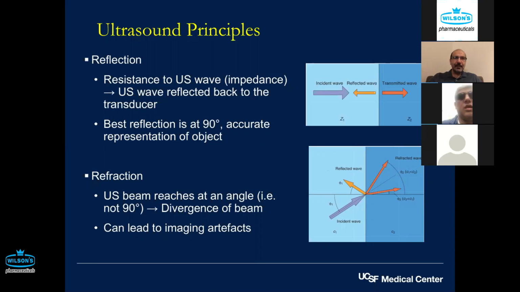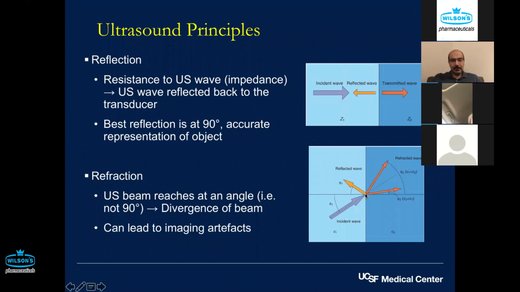For the highest quality reflection of the wave, it has to be a 90-degree angle. So whatever goes forward comes right back at you. Some of it will penetrate through.